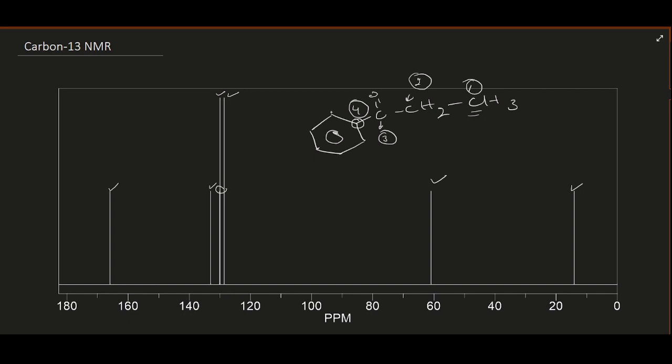These two are carbon number 5, these two are carbon number 6, and this is carbon number 7. So there are 7 different types of carbon. These two are the same carbon number 5, because they are the same distance from the carbonyl carbon, and the 6 carbons are also at the same distance from the carbonyl carbon.